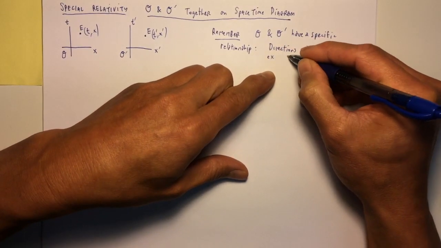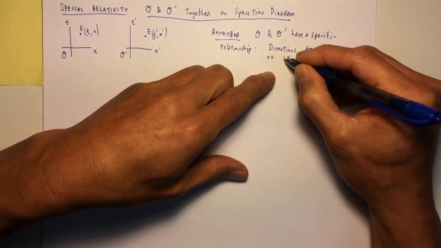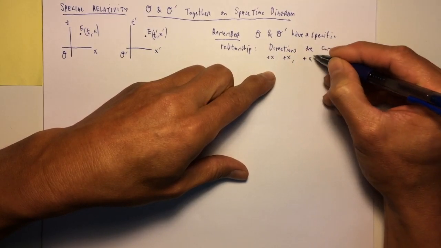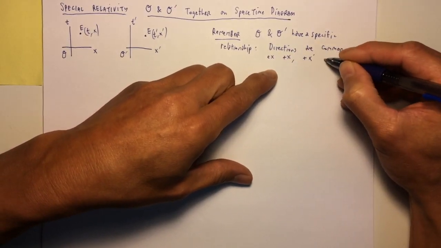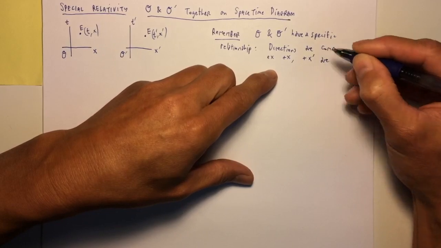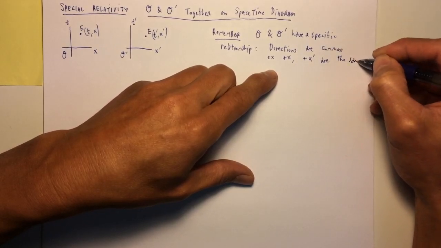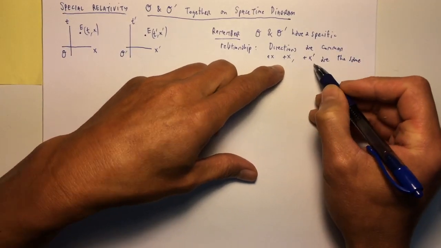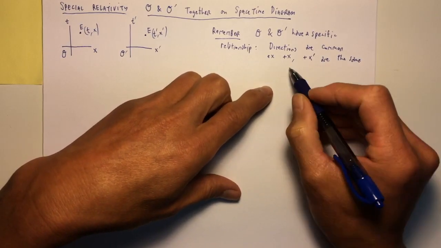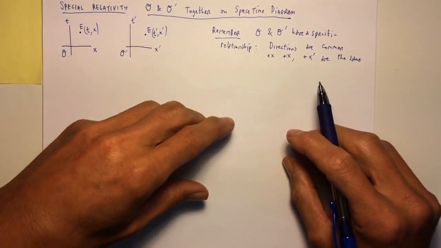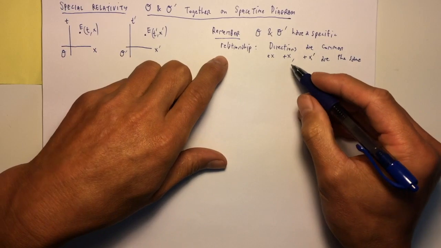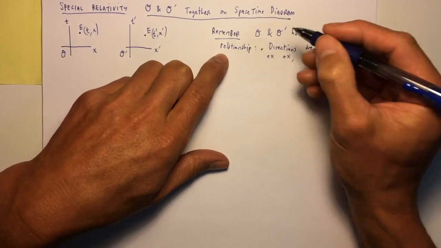For example, the positive X and the positive X prime directions are the same, right? And Y and Y prime, Z and Z prime, etc. Those are all the same. Yeah. So that's one of the relationships.